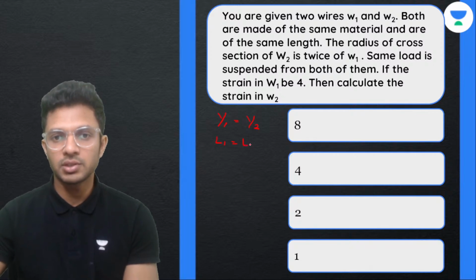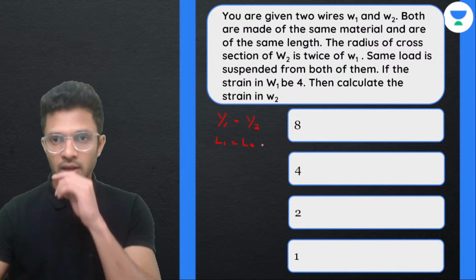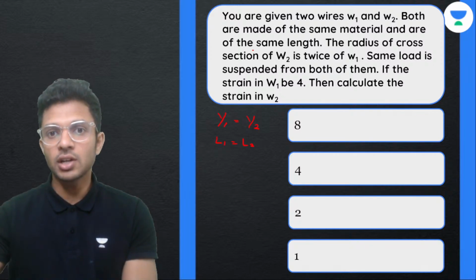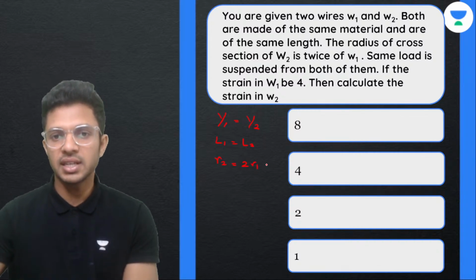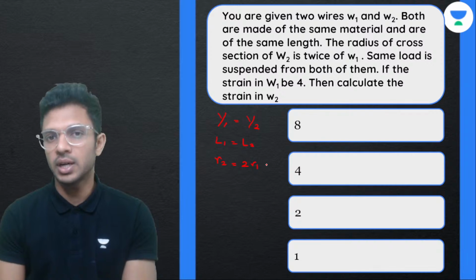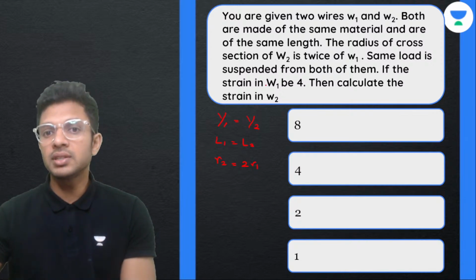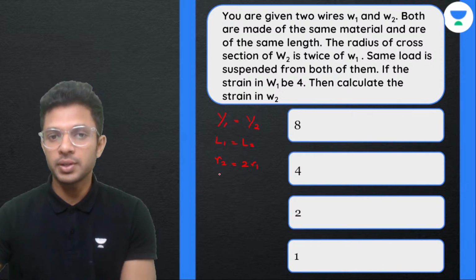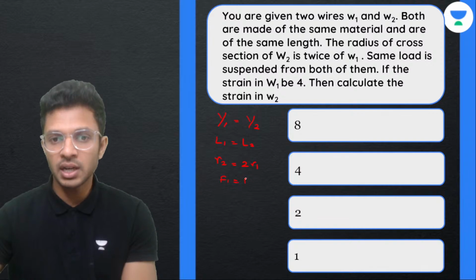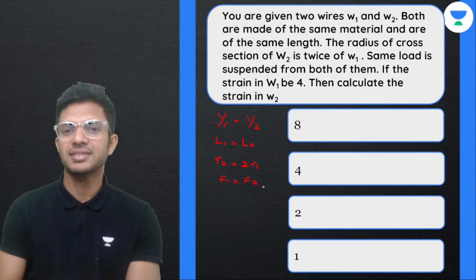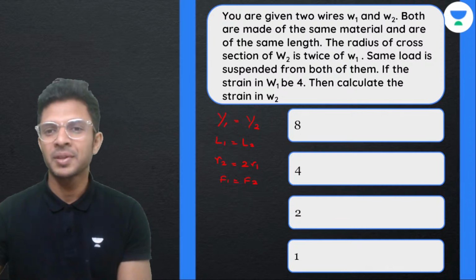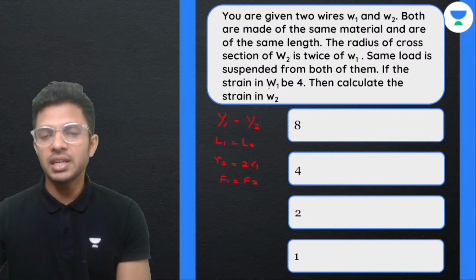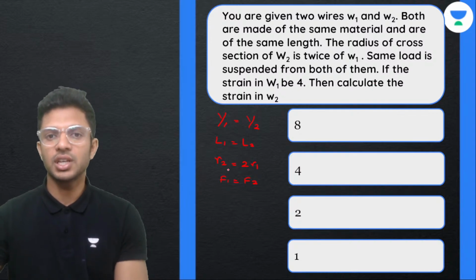The radius of cross section of wire 2 is twice the radius of cross section of wire 1. The same load is suspended from both of them, so the force in 1 and in 2 is the same. Everything is the same. If the strain in W1 is given, then calculate the strain of W2.